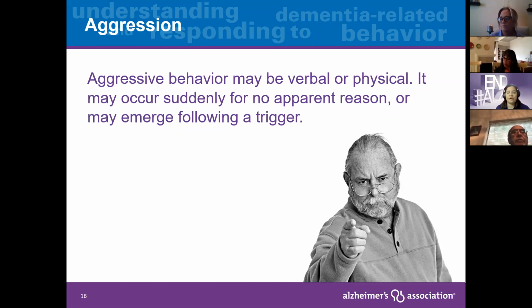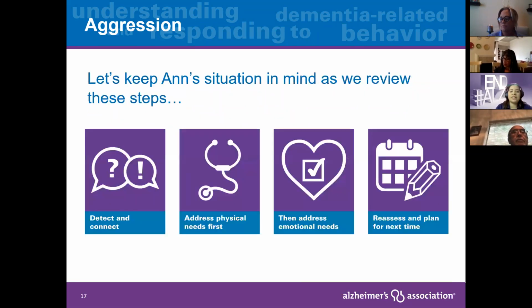Our caregivers are our number one priority, as much as the person living with dementia. And so what I would say with this is, yes, you're going to detect and connect. You're going to follow your steps to identify aggression. But when it comes time to act, you have to make sure that the safety of the person, not just the patient, right, but of the caregiver is met.